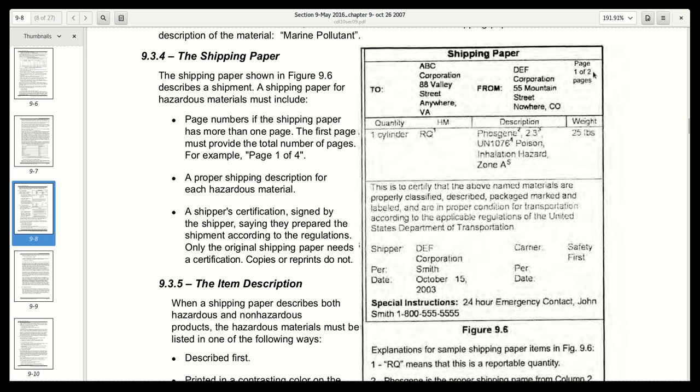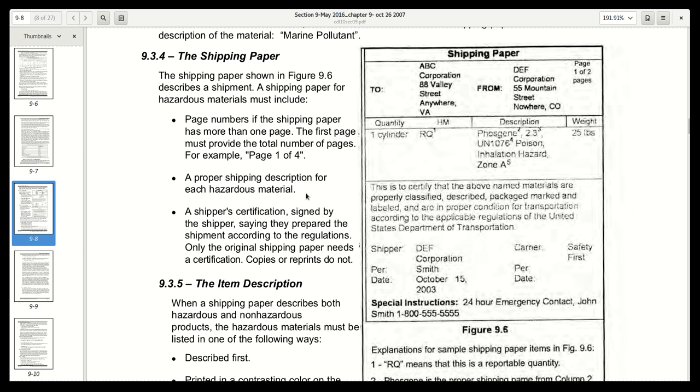See up here, page 1 of 2? So this is the first page out of 2 pages. The first page must provide the total number of pages, for example, page 1 of 4. In this case, there are 2 pages, and this is the first of 2.